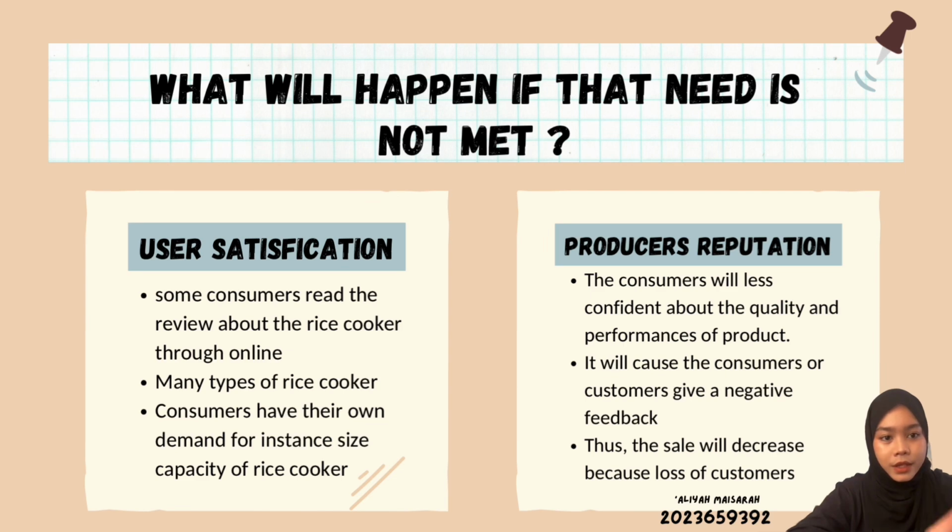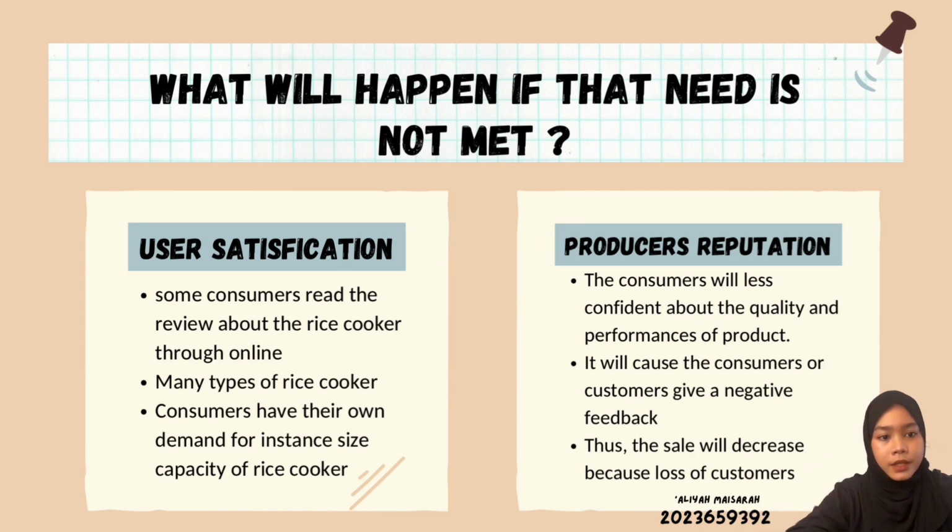Number one is user satisfaction, which is some consumers read the review about the rice cooker online, so they might put a high expectation when they buy it from the store. Next, there are lots of types of rice cookers, so sometimes you get confused which one is the better one.